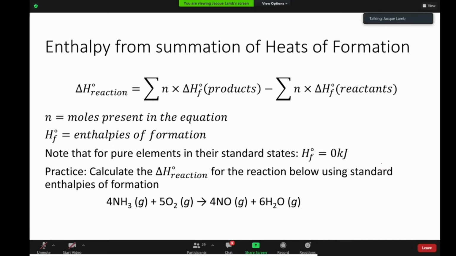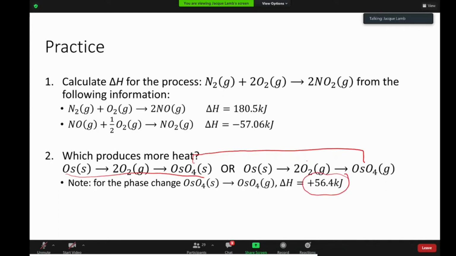I'm not sure what you're asking. Let's say from gas to liquid, would that be less heat? If you have a gas that is condensing, that process is exothermic. Condensing of a gas is exothermic. So that would produce heat going from a gas to a liquid.